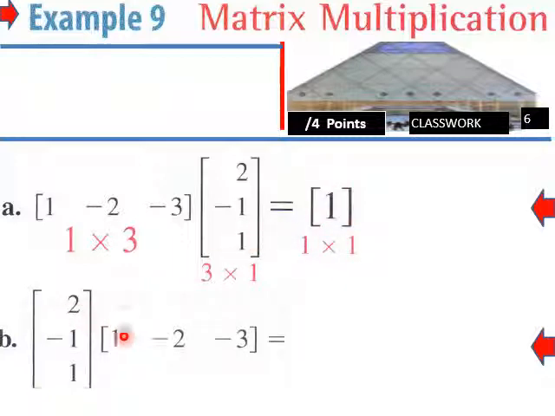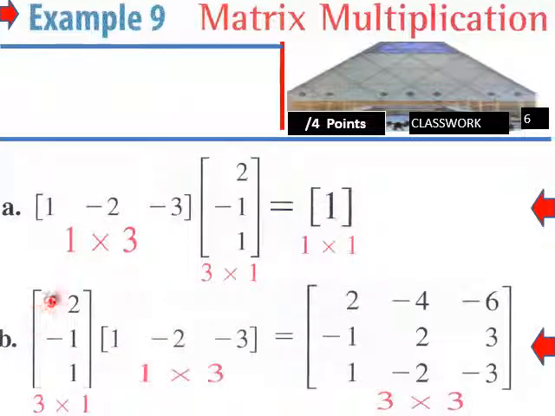And then here we have 1 column by 1 row. So in this one, this yields a 3 by 3. So we have 2 times 1 would be 2. 2 times -2 would be -4. And then 2 times -3 would be -6.